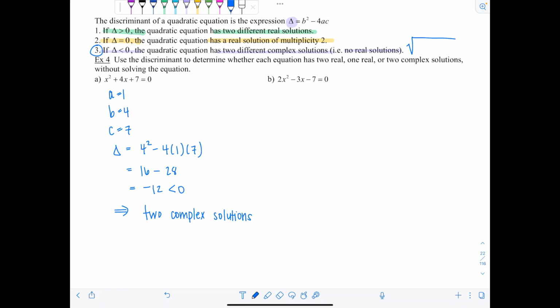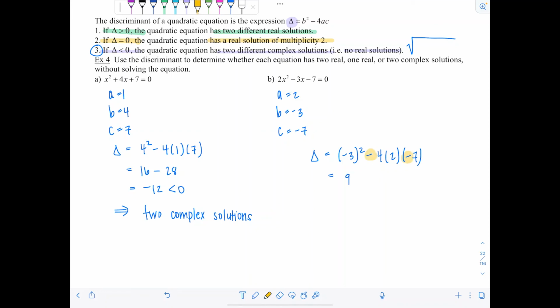Let's look at the next one, example B. A is equal to 2, B is equal to negative 3, and C is negative 7. So discriminant is going to equal B squared minus 4AC. So this is going to be positive 9.